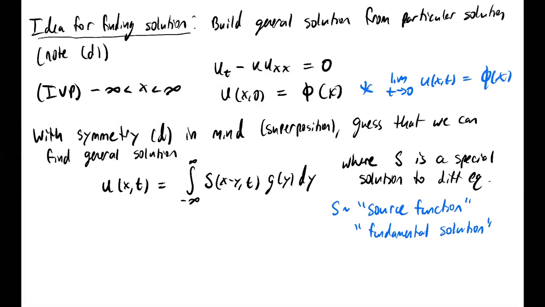And so if I look at this integral below, what do we expect? I expect that phi of x is the limit as t approaches 0 of u of x t, right? That means I should be able to recover my initial condition phi by taking the limit as t goes to 0 of this integral.